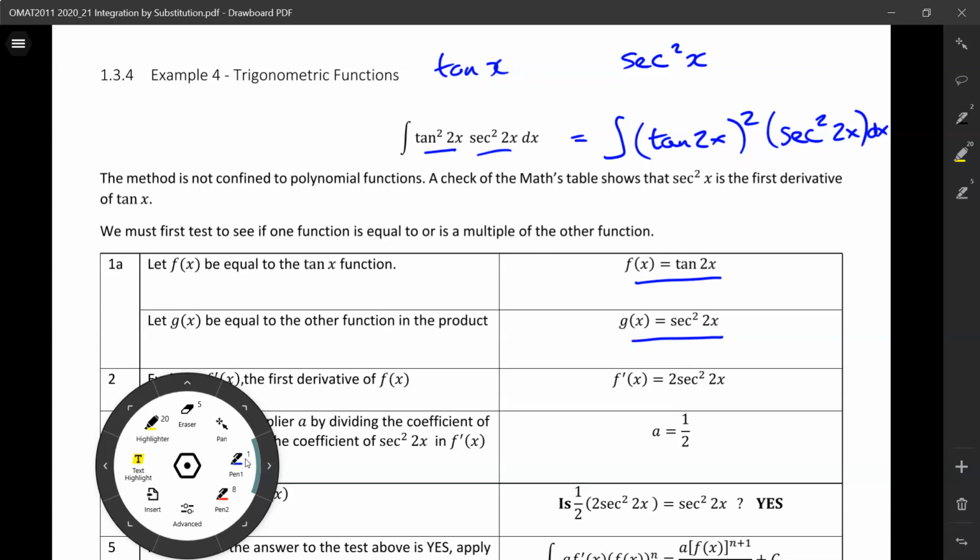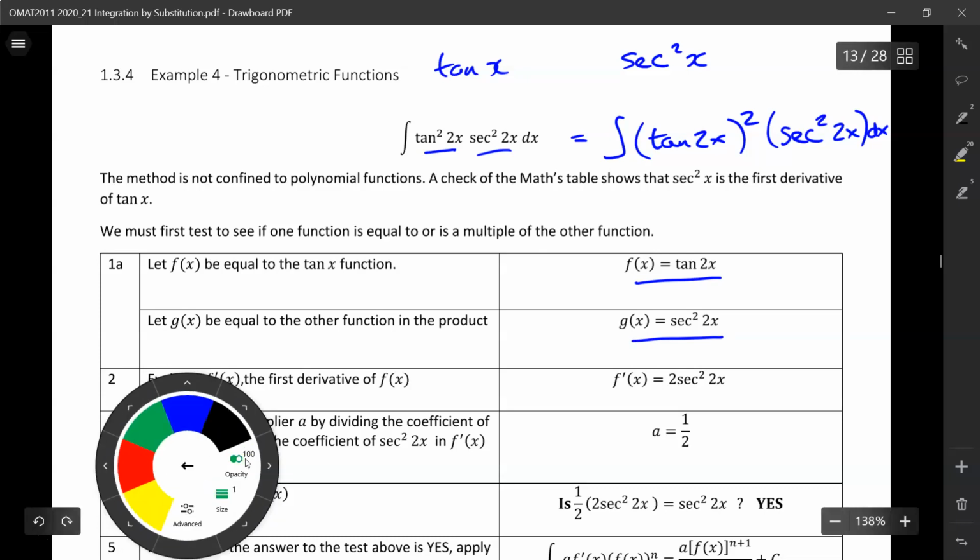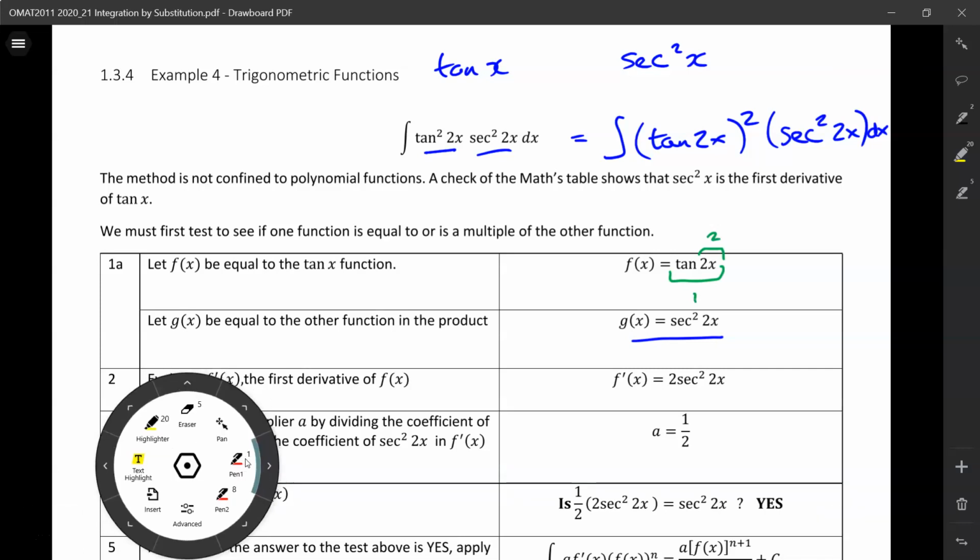I get the first derivative of f at x, and it's like the chain rule here. The outer function is the tan of x, and the inner function is the 2x. So the derivative of tan of 2x is sec squared 2x, that's the outer function. And the derivative of the inner function 2x is equal to 2, by the chain rule.